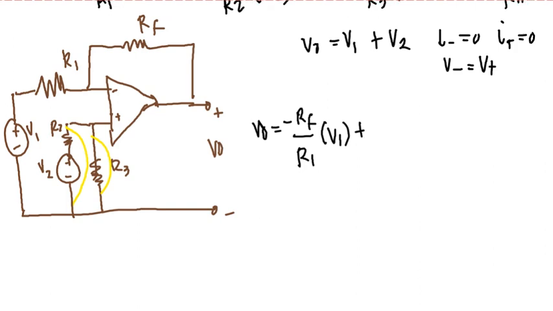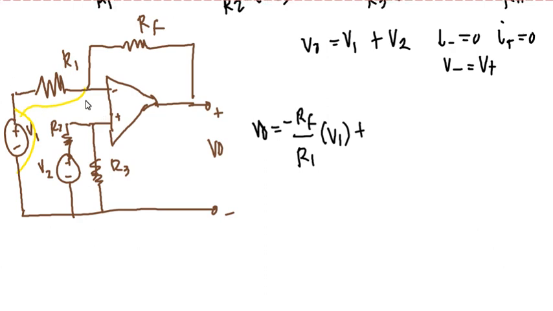This time we will consider V2, so now we short V1. Since this is connected to our ground, automatically this will be 0.